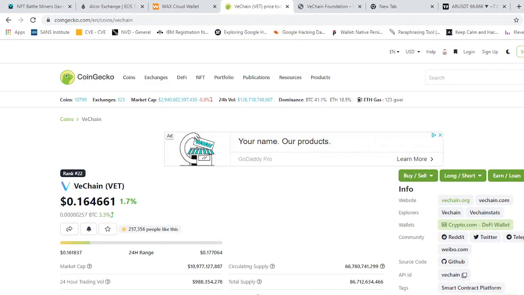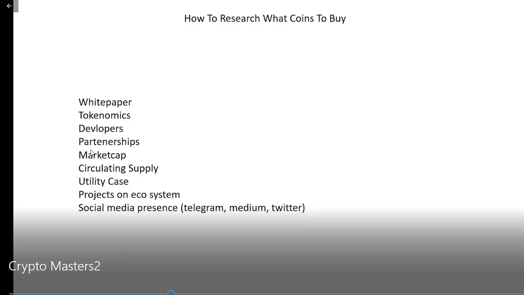Now, how do you find the market cap and circulating supply? Oh, and that's also how you find the projects on the ecosystem as well, but I'm going to show you another way here in a minute. How do you find the circulating supply and market cap?